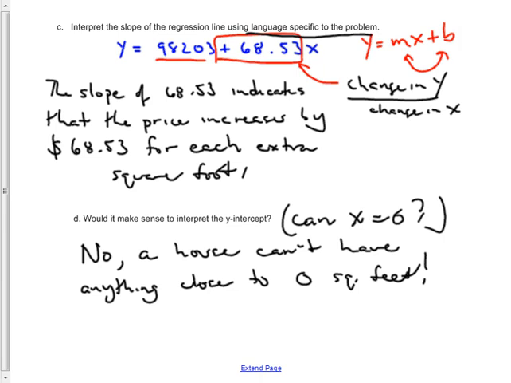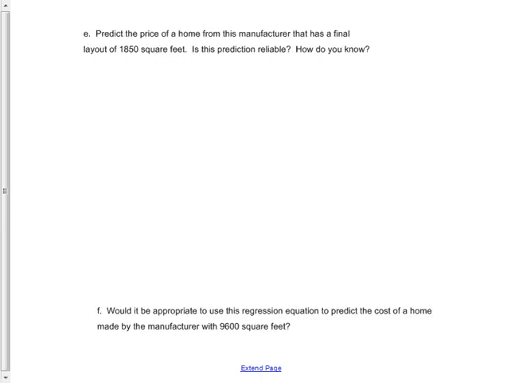So no, it wouldn't make any sense to interpret the y-intercept. Next, they're asking us to predict the price of a home from this manufacturer that has a final layout of 1,850 square feet. Is this prediction reliable, and how do you know?